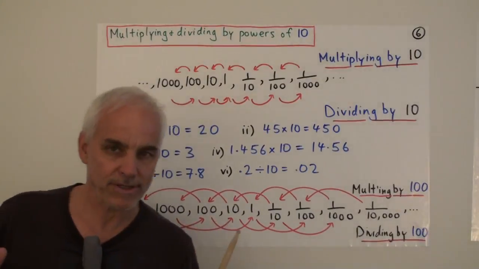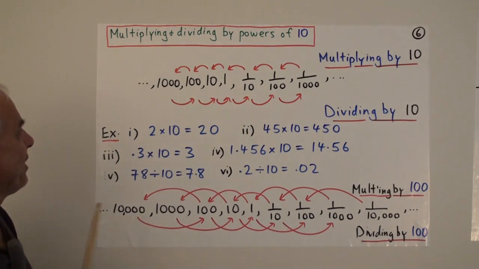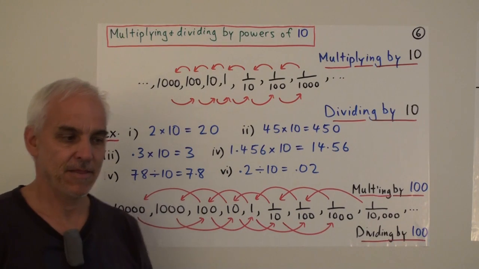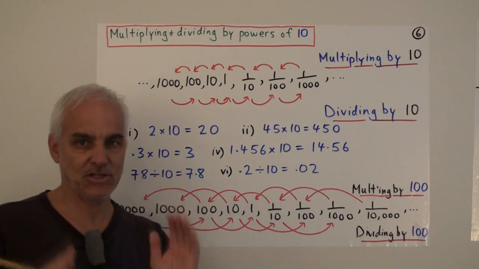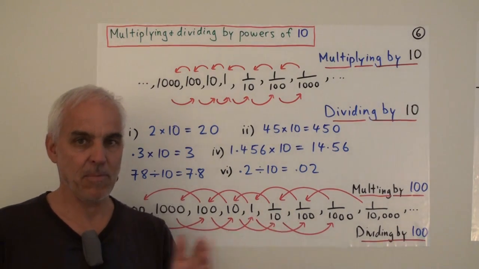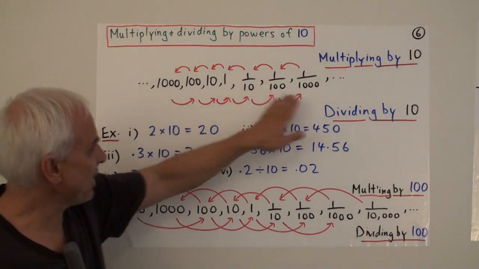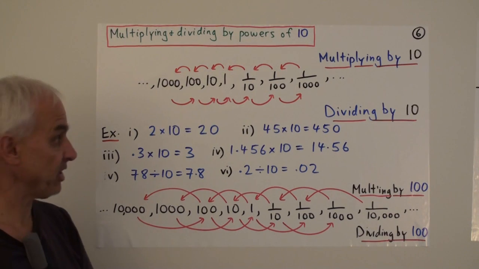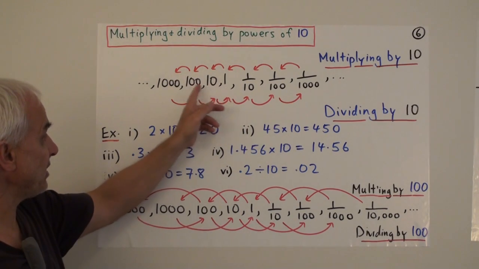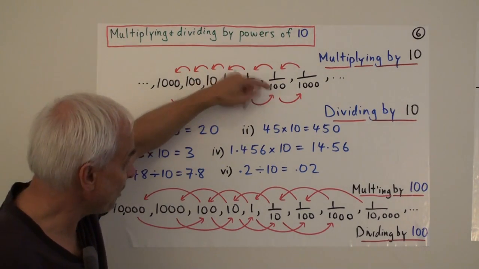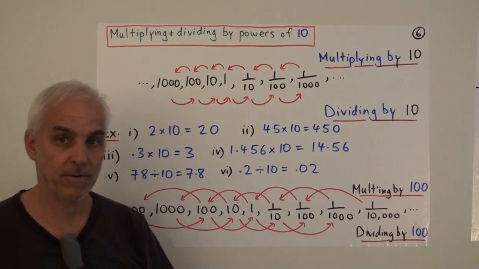Alright, so very important to understand how to multiply and divide by powers of 10. This is what decimals are ideally suited for, to scaling by powers of 10. Here are the various units that we're using in our decimal number representation. The ones, the tens, the hundreds, the thousands, as well as the 1/10ths, the 100ths, the 1000ths, and so on.